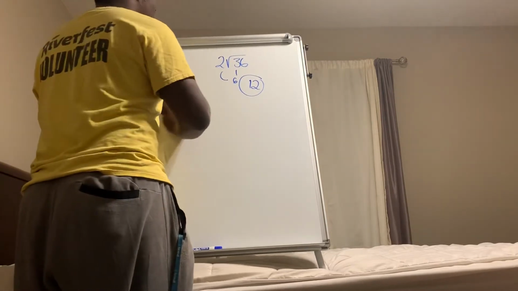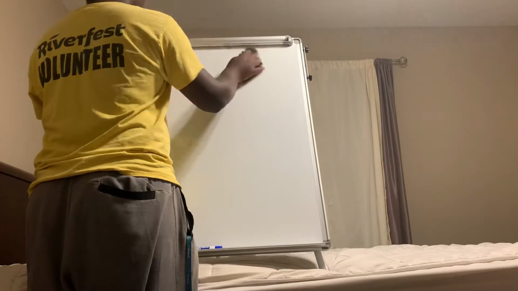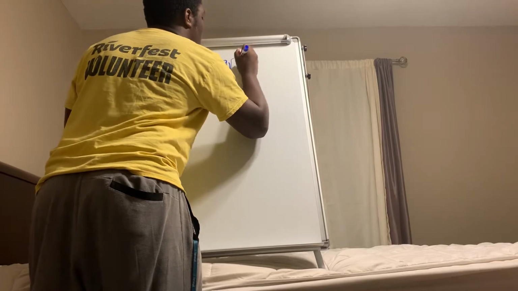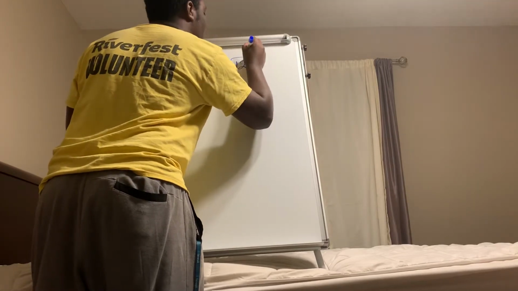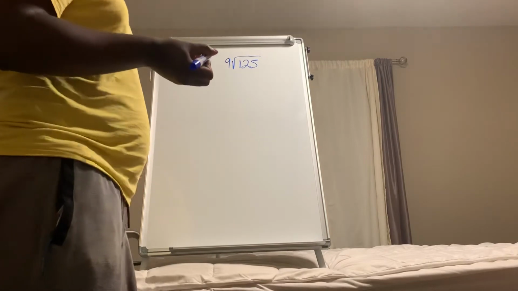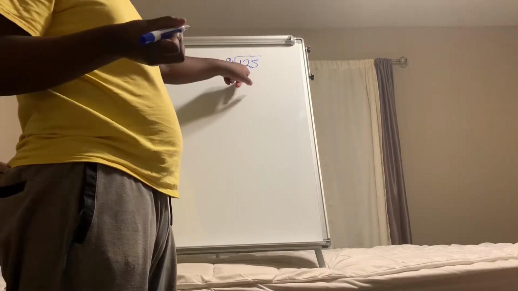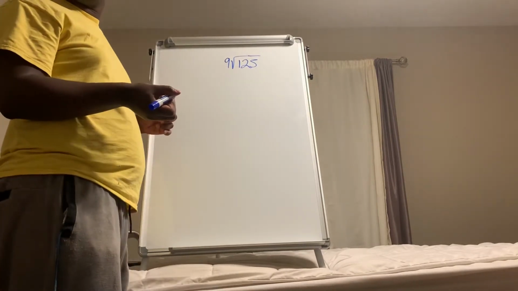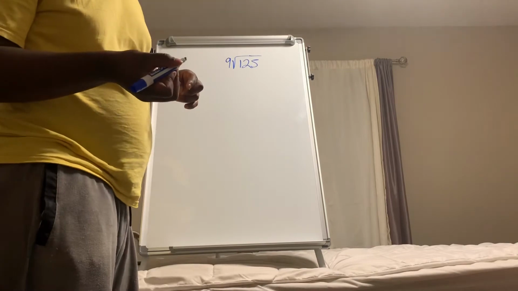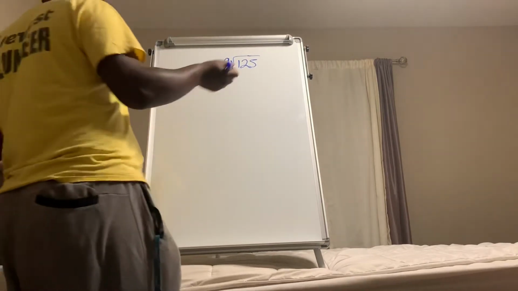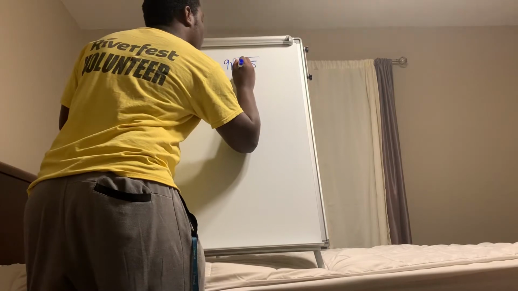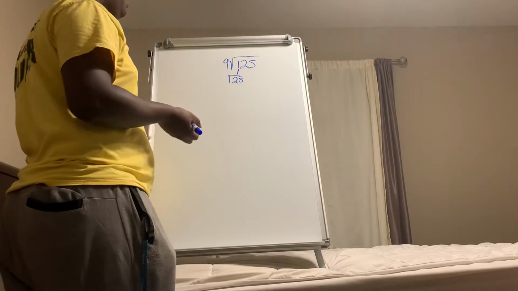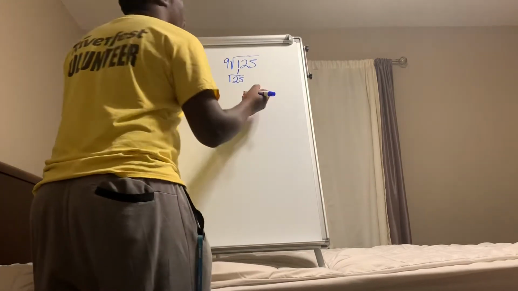Our next question is 9 radical 125. Now, we know that there's at least 25 in there. We know how to count by 25, so we're going to pull 25 out. The square root of 25, and then we have the square root of 5 as well.